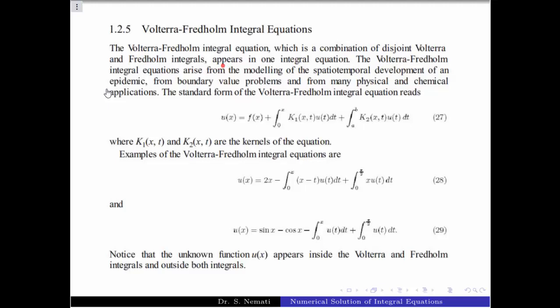Let's go to the definition of Volterra-Fredholm integral equations. As is clear from the name, when you are talking about Volterra-Fredholm integral equations, it means that you have both a Volterra part and a Fredholm part in one equation.